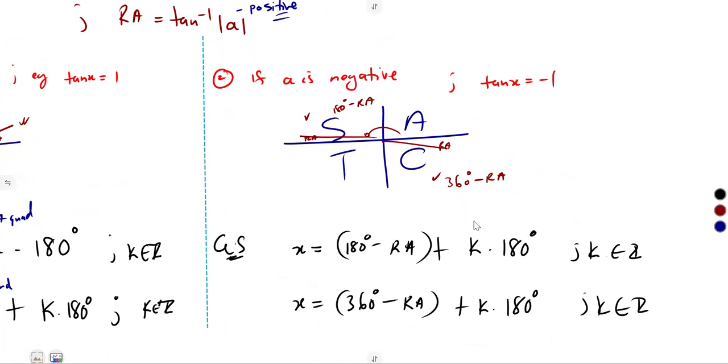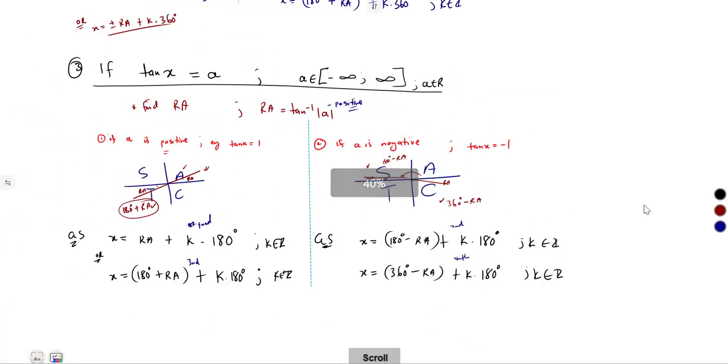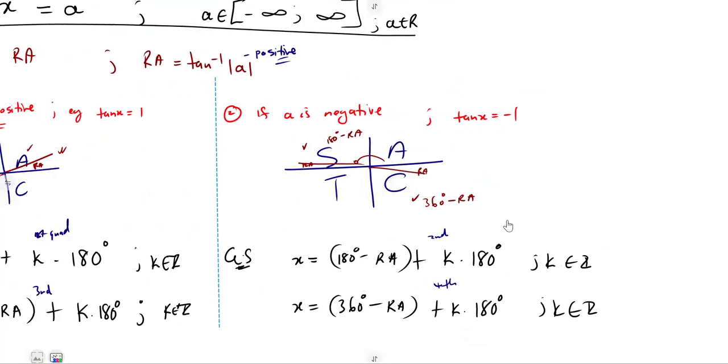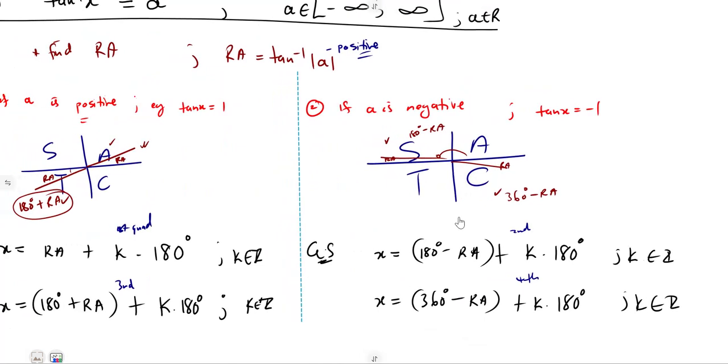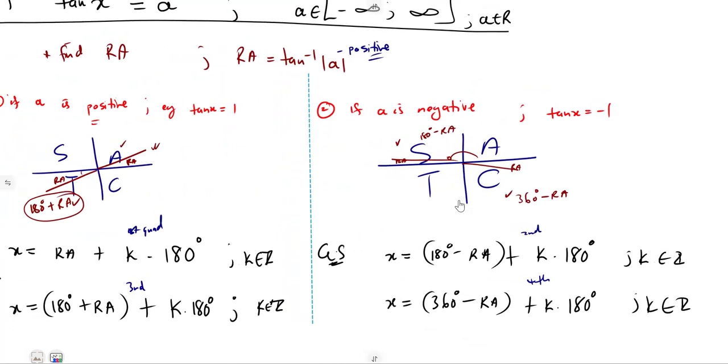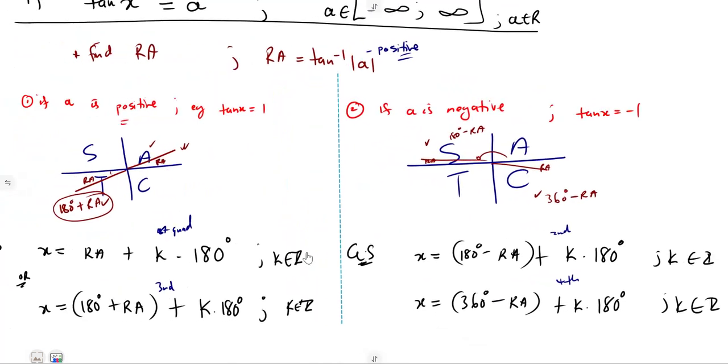These will be our general solutions. For any integer value of k that we substitute, it gives us a solution. That's where the interval plays a role: if you are given the interval from 0 to 360, your solutions must be within that interval to have exact solutions.